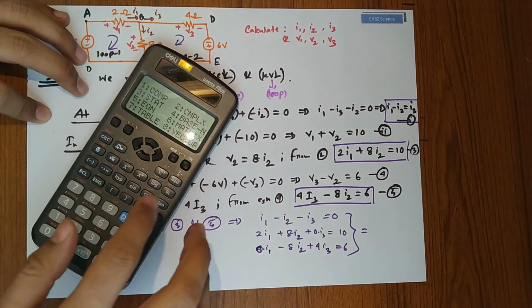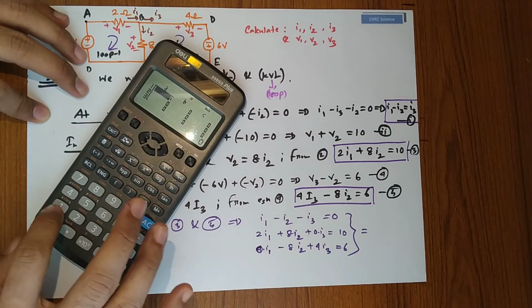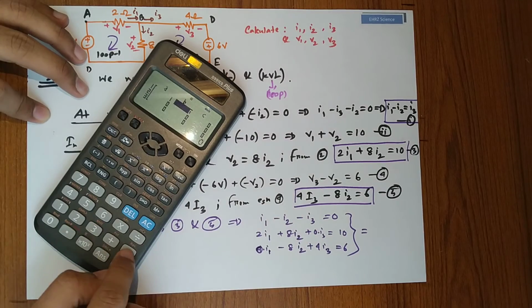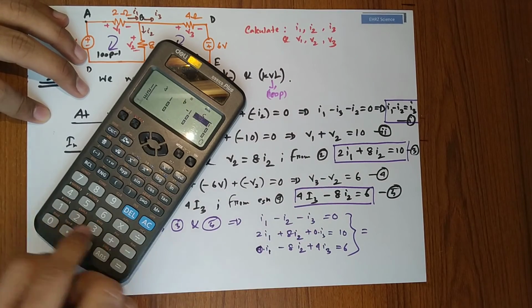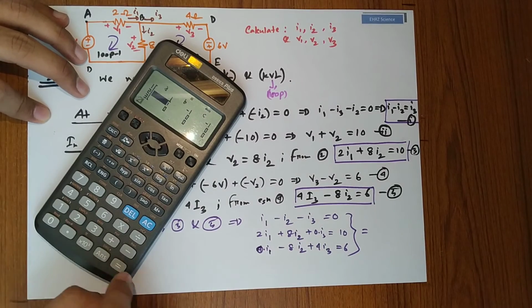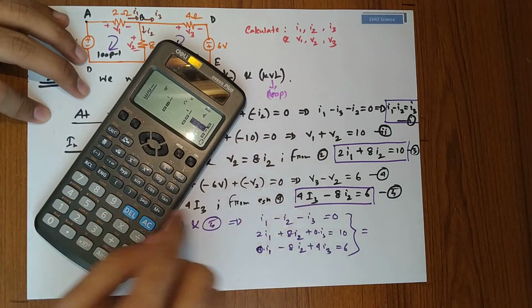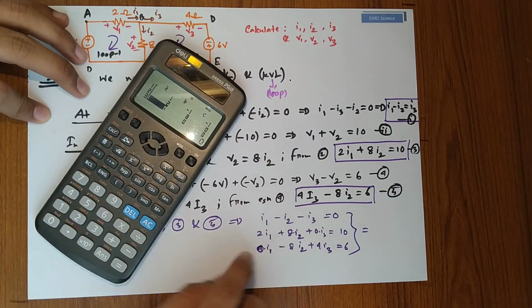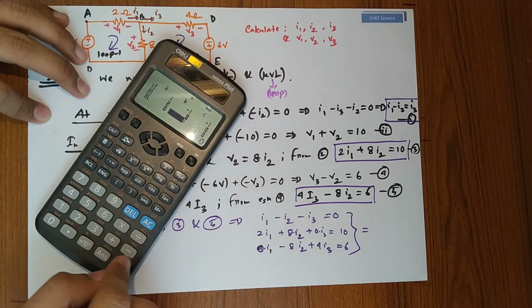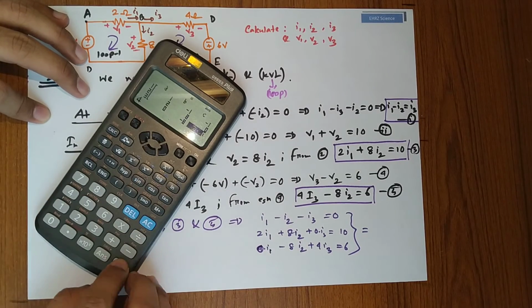Here on the calculator we enter the coefficients. The first: a1 is 1, b1 is minus 1, c1 is minus 1, d1 is 0. a2 is 2, b2 is 8, c2 is 0, d2 is 10. a3 is 0, b3 is minus 8, c3 is 4, and d3 is 6.